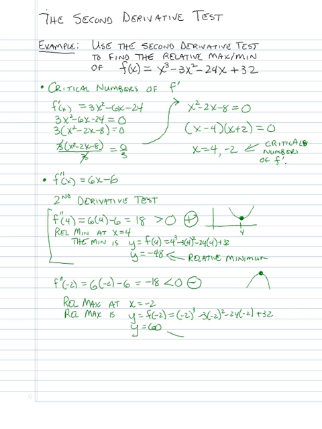And so this happens to be the relative maximum. And we know it's a maximum not because it's bigger than the other value. It's a maximum because we're concave down. Remember, we can't tell about maximums or minimums by comparing numbers. But in this case, we know that it's a relative maximum because we're concave down there.